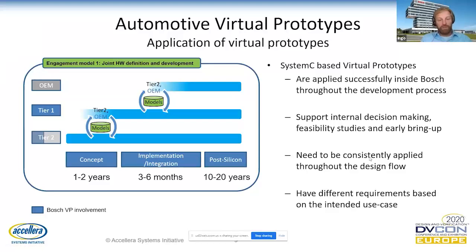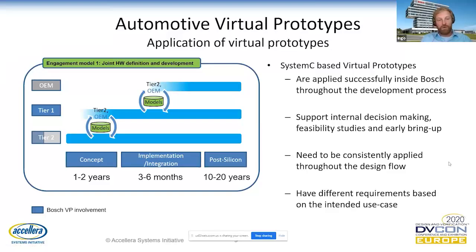When looking at the development phases where we employ virtual prototypes today, we are employing them throughout the development flow, from concept phase and very early design phases down to the post-silicon phase where hardware is already available.